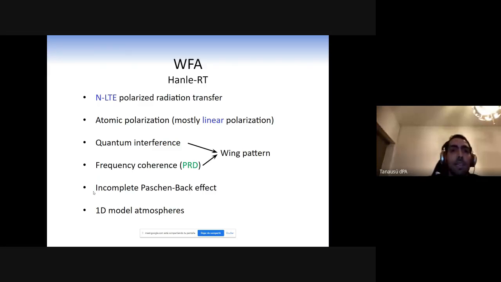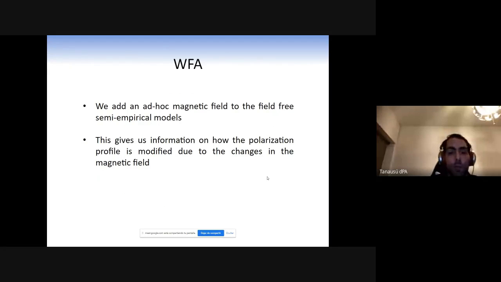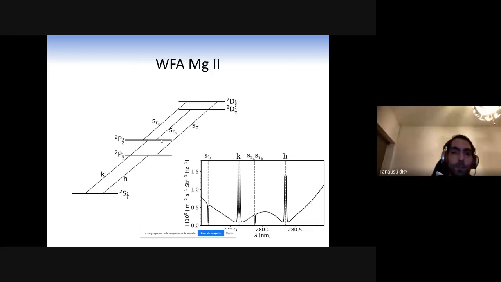It can take into account the incomplete Paschen-Back effect, and this code works with 1D atmospheric models. So we took some semi-empirical models, in particular the ones representative of the average quiet Sun and of a flare, and we added ad hoc magnetic fields in order to have information on how the polarization profile is modified when we change such magnetic field.